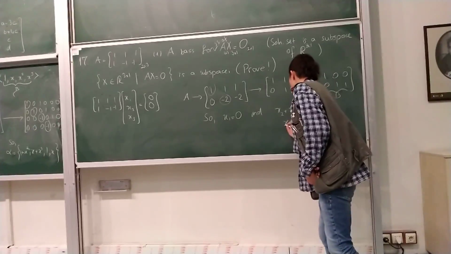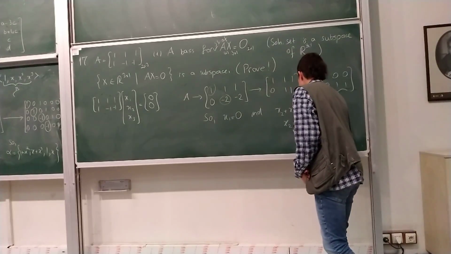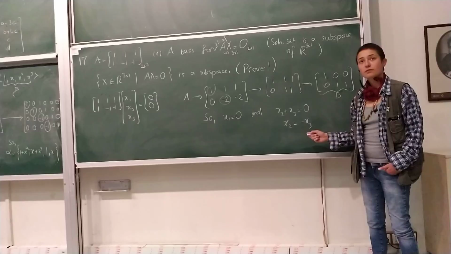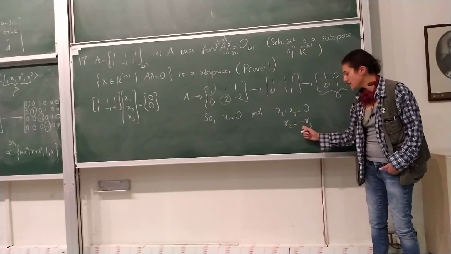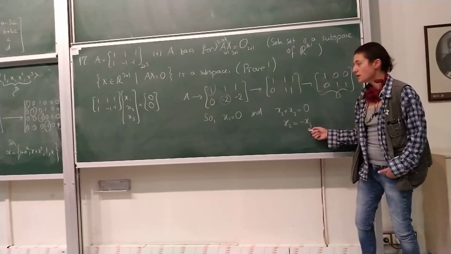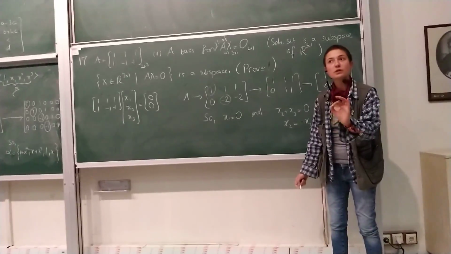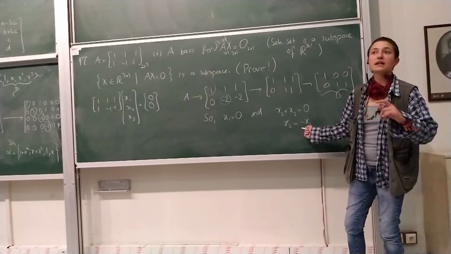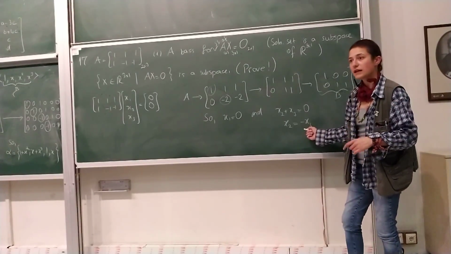Which means x2 depends on x3 linearly, right? So one of them will be a free variable, x1 for sure will be 0, and one of these will be something and the other one will be minus. Okay, that's it.